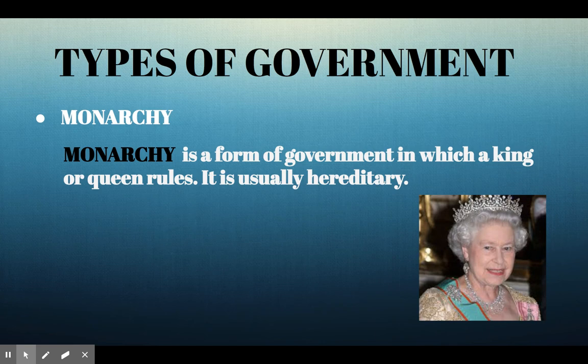And there is Queen Elizabeth. What is a monarchy? A monarchy is a form of government in which a king or queen rules. It's usually hereditary.